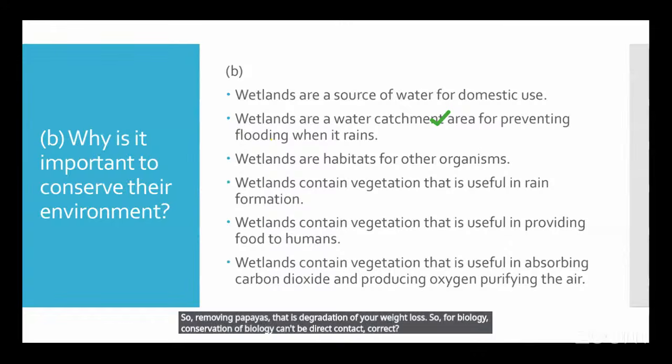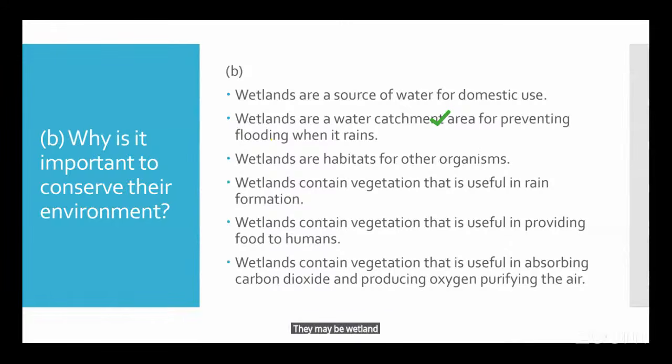Saying maybe wetlands are used for agriculture, that may not also be an environmental friendly one. So I need to look at the usefulness of the resource, but in a sense that is biologically conservative.